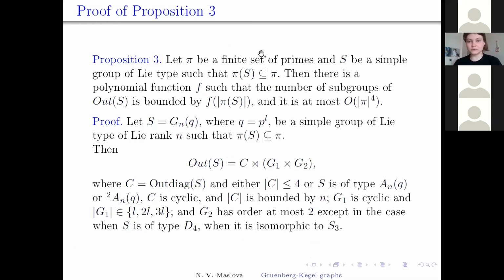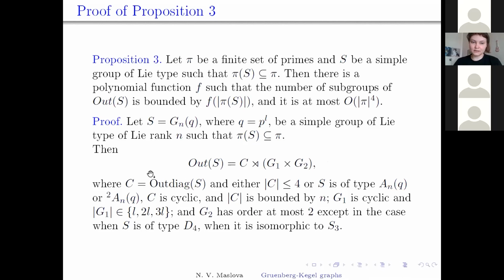Let us bound the number of almost simple groups with a simple socle of Lie type. First of all, we know that the automorphism group of S has a very well-known structure. It's a semidirect product of C by the direct product of groups G1 and G2.